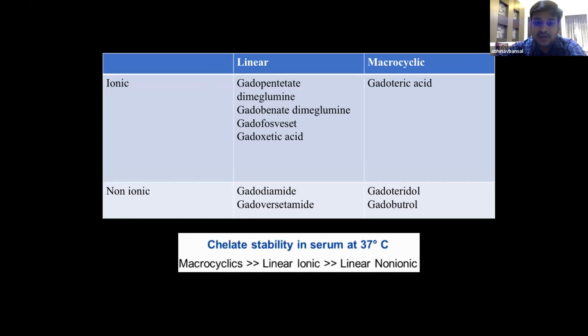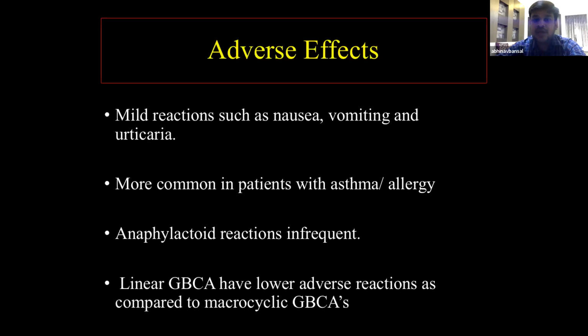Then gadobenate, gadophosphate, and gadoxetic acid are other examples of linear ionic agents. Linear non-ionic agents include gadodiamide and gadoversetamide. Macrocyclic agents, which, as I already said, are more stable: the ionic ones include gadoteric acid, and the non-ionic ones include gadoteridol and gadobutrol.